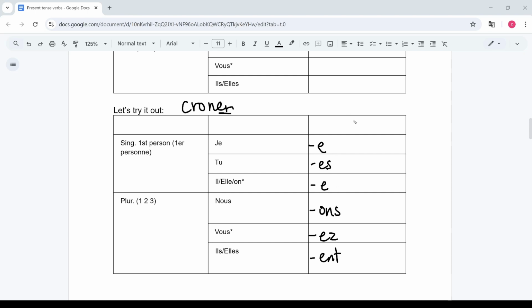So if we wanted to conjugate this made-up verb in present tense, and assuming this is a regular verb, this is what it would look like. Crôner. We've identified that it's an ER verb, so we're going to take off the ER. We're left with crôn.